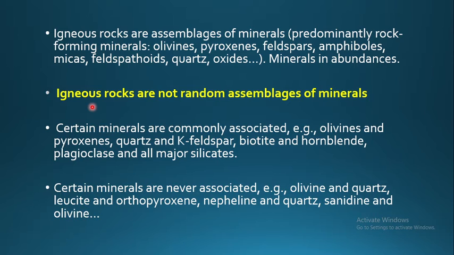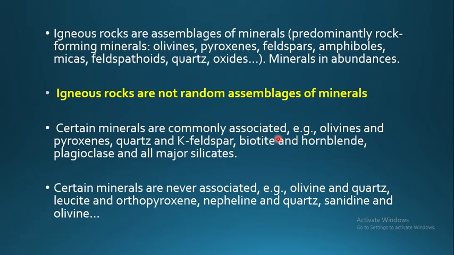Then, igneous rocks are not a random assemblage of minerals. We cannot say that igneous rocks are a random assemblage of minerals. It is not only random assemblage, but there is also a certain categorization of minerals present in igneous rocks. Certain minerals are commonly associated, so we can categorize it into two.